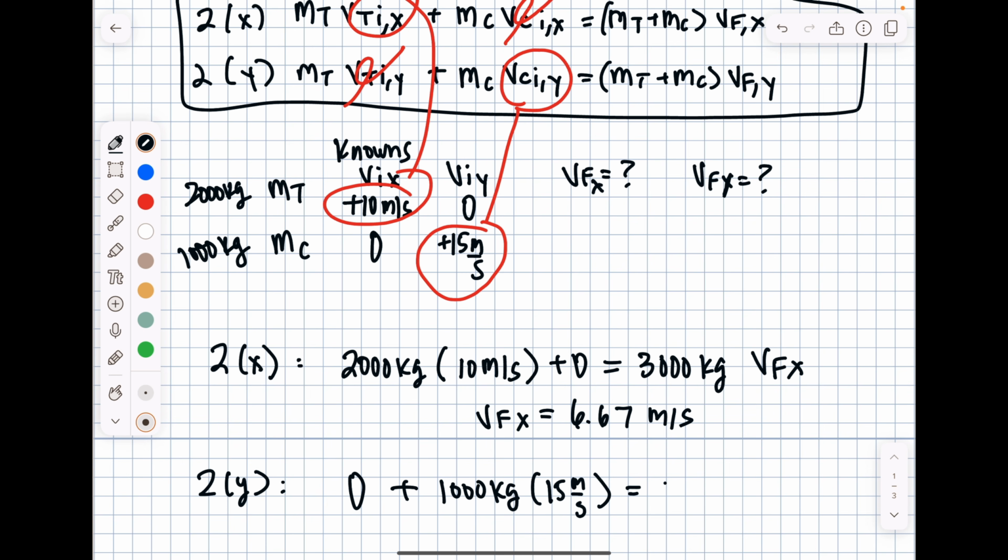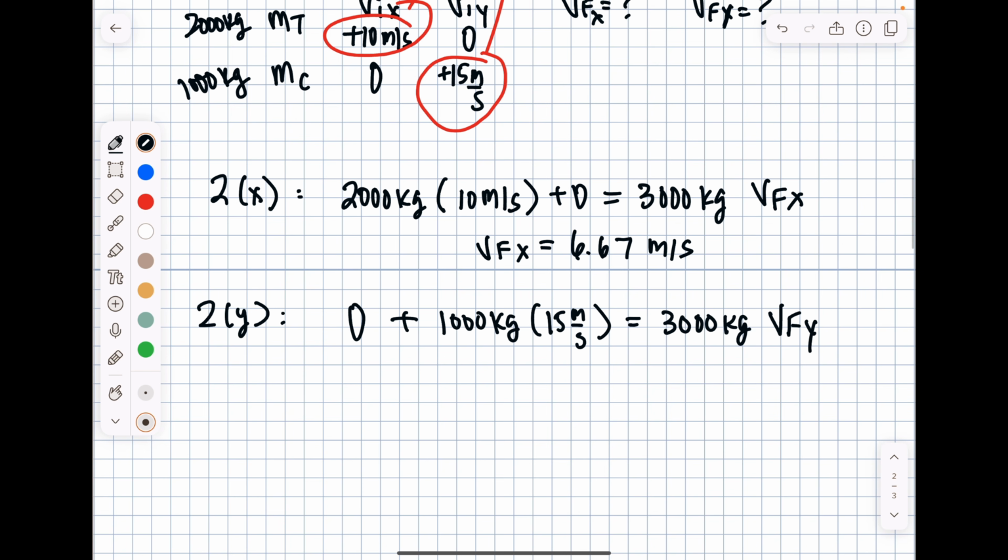And that's going to equal their combined mass times the y component of their final velocity. And so we can solve for that real quick. 15,000 divided by 3,000. So that's 5. Positive. So now we know the final velocity, right, of the combined mass of the two vehicles.